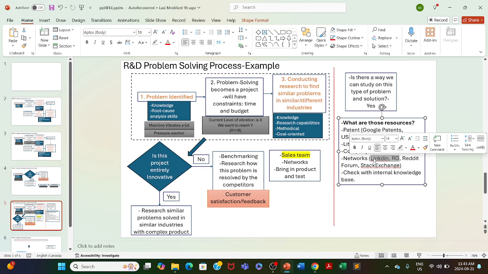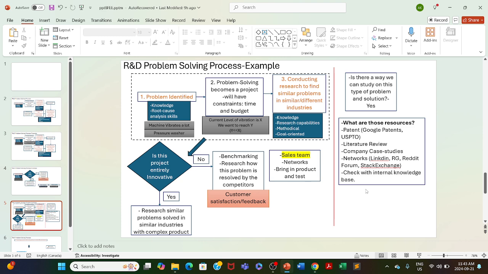If I'm working in the pressure washer and power equipment industry, I'm also going to try to network with people working in automobiles or robotics. I can reach out to introduce myself ahead of time, which is really important. So when I fall into an issue, I can build a relationship beforehand and then reach out for their suggestions and insight. They can provide useful documents and links where we can find solutions for similar problems.